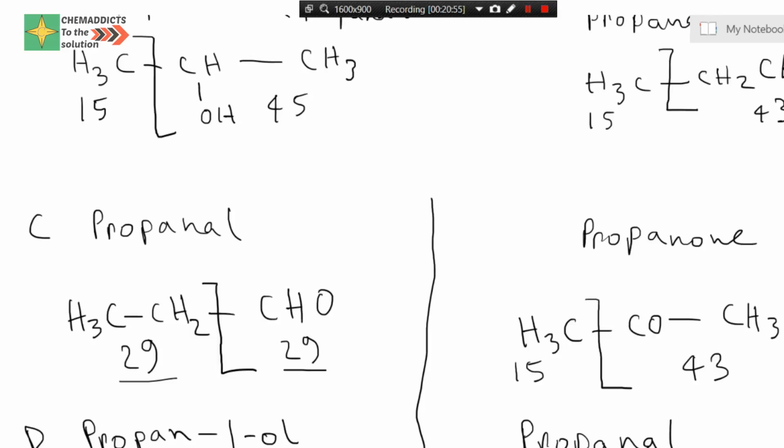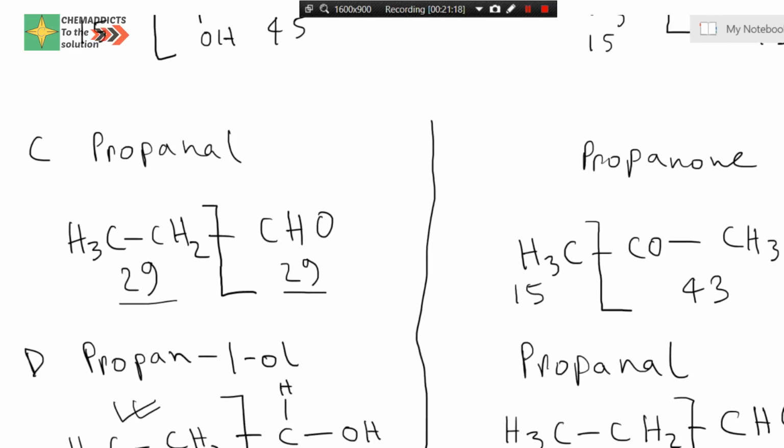So in order for C to be the answer, both of them should match. Since both of the fragmented molecules do not coincide with the given mass by charge ratio in C, C is also not the answer. Now let's look at D.